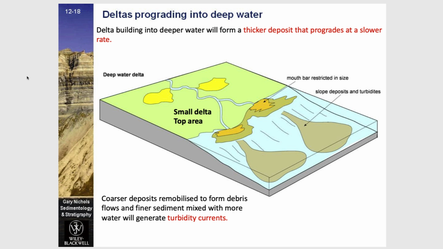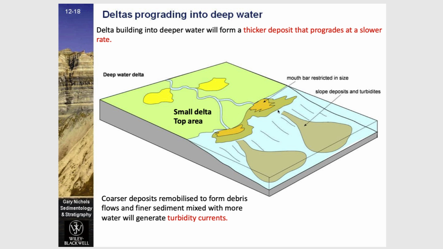As you can see, we have a relatively small delta top, and we almost don't develop an extension of fine-grained material, which would be localized in the delta front, which is absent.